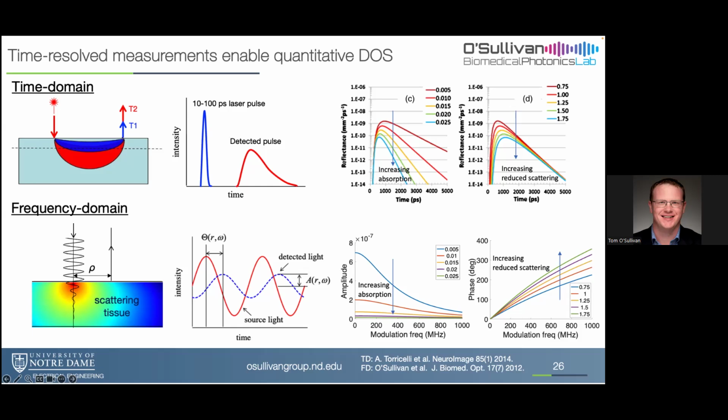So these photons arrived earlier because their path length was shorter, and these photons arrived later because their path length was longer. Okay. Is it clear now?